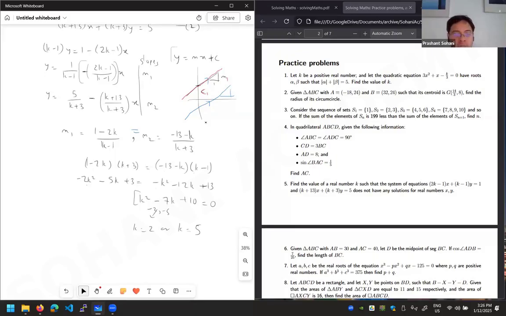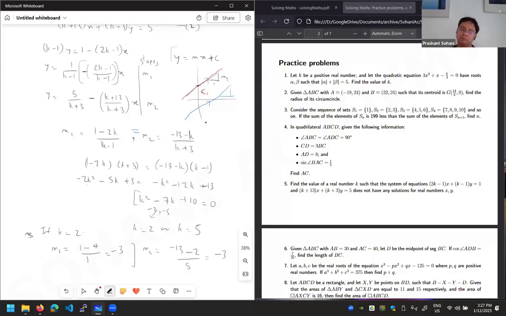Okay, then what should we do? So if we substitute k is equal to 2 in the slope formulas, we can see that the slopes are not equal. Is it really? If I substitute k is equal to 2, what slope? So if k is equal to 2, then the slope m1 is how much? 1 minus 4 upon 2, which is minus 3, and m2 is minus 13 minus 2 upon 5, which is also minus 3.